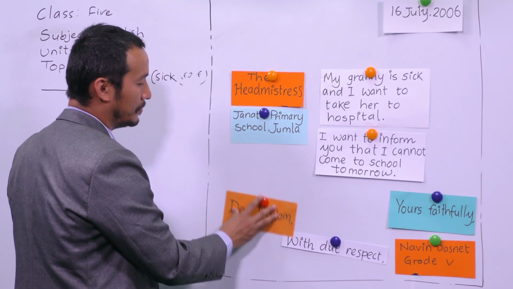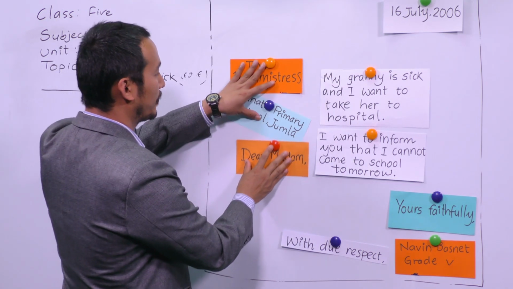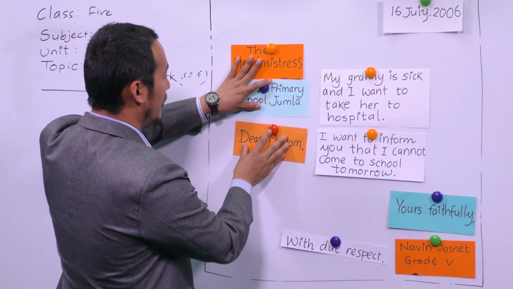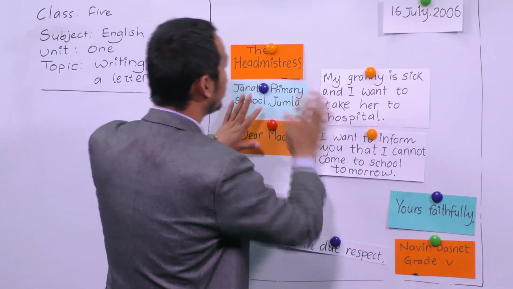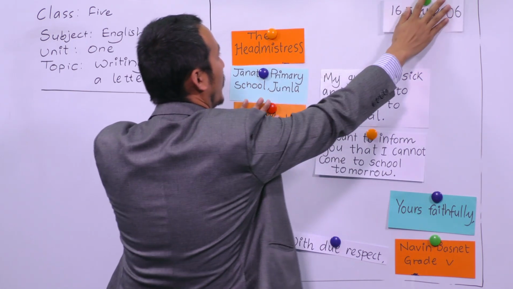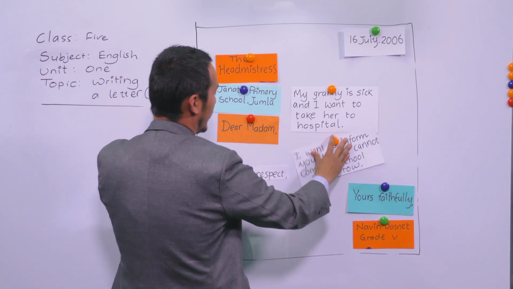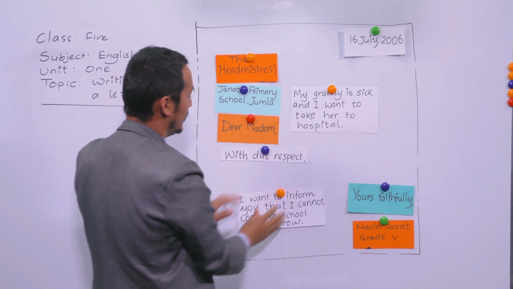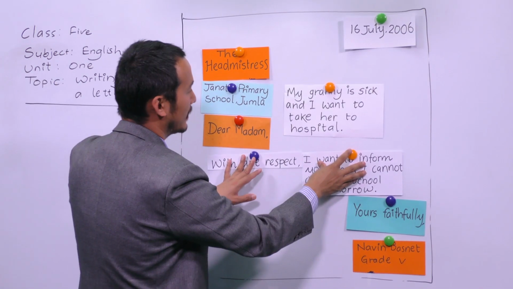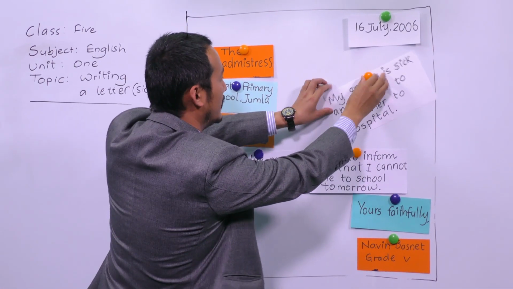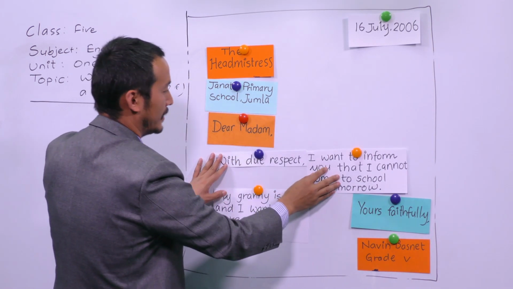Okay, now this is, what part is it? Greeting. After the name and address, we greet the person, right? And then comes the body. In the body, you write like this, right? With due respect, I want to inform you that. And then comes the reason why he is writing the application, right?